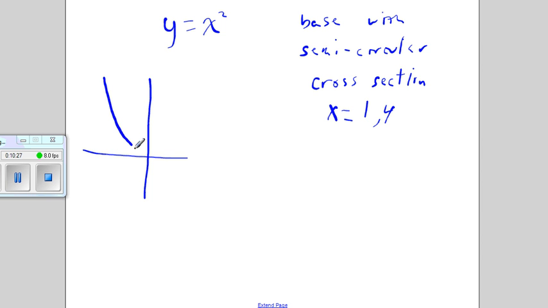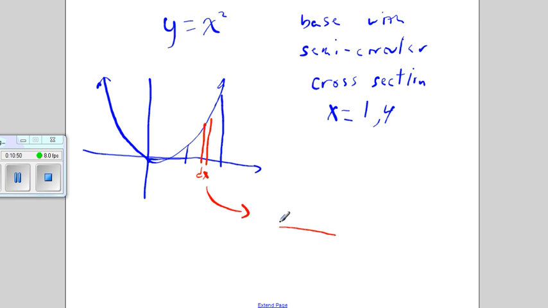So we've got our parabola. You know what a parabola looks like. And we're looking from 1 to 4. And each one of these slices, each one of our slices of bread has a little bit of width dx. And when I bring that slice of bread out, what it looks like is that, with a little bit of width there.